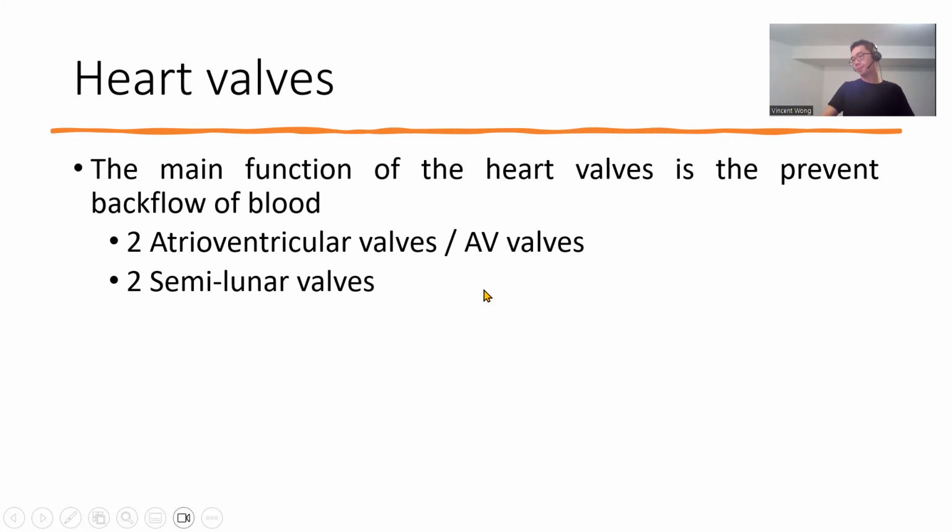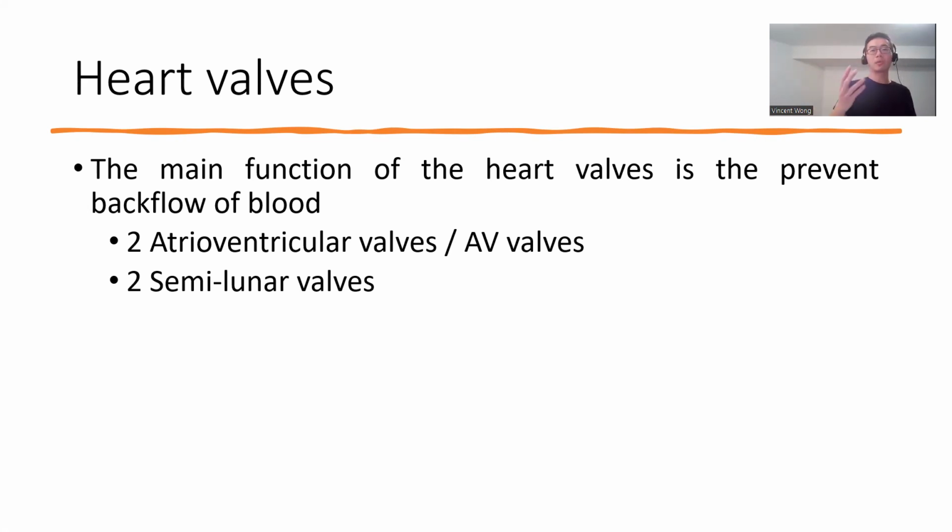All right, moving on. Next, we have heart valves. When it comes to circulation, when blood is passing through the body, we want to make sure the blood is going in one direction only. We don't want the blood to come back, and that sometimes could happen.